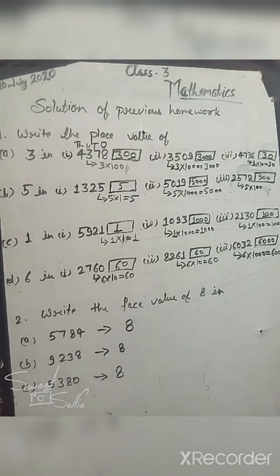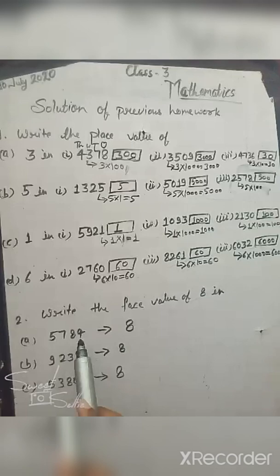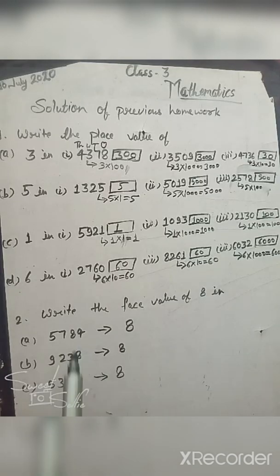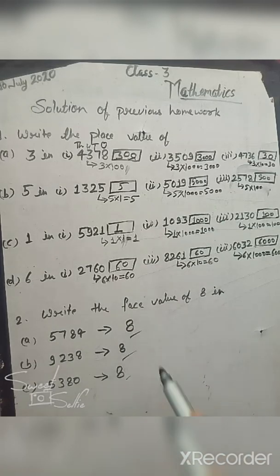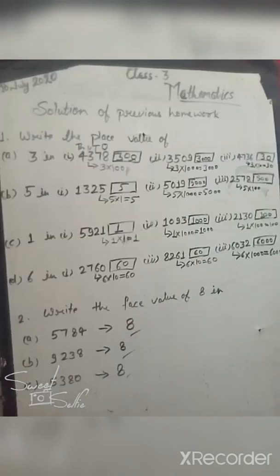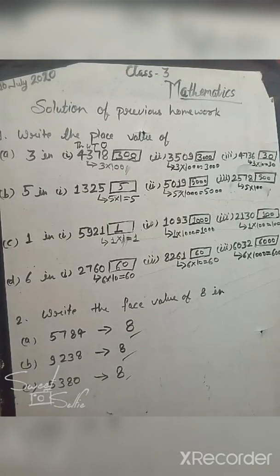As we can see here in this question, 8 at tens place, in B 8 at 100 place, and again in C 8 at tens place, but the face value remains unchanged in all these. So this is the face value and place value. I hope you all have done your homework. So now let us start our today's topic.